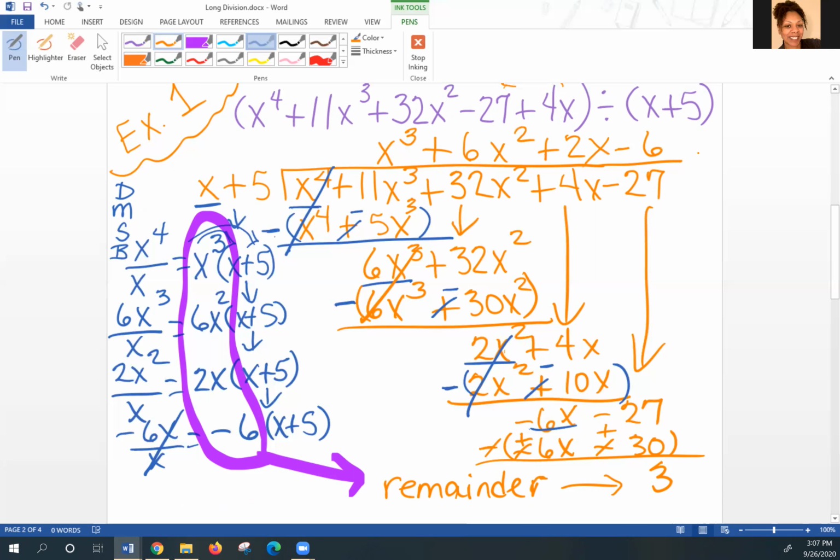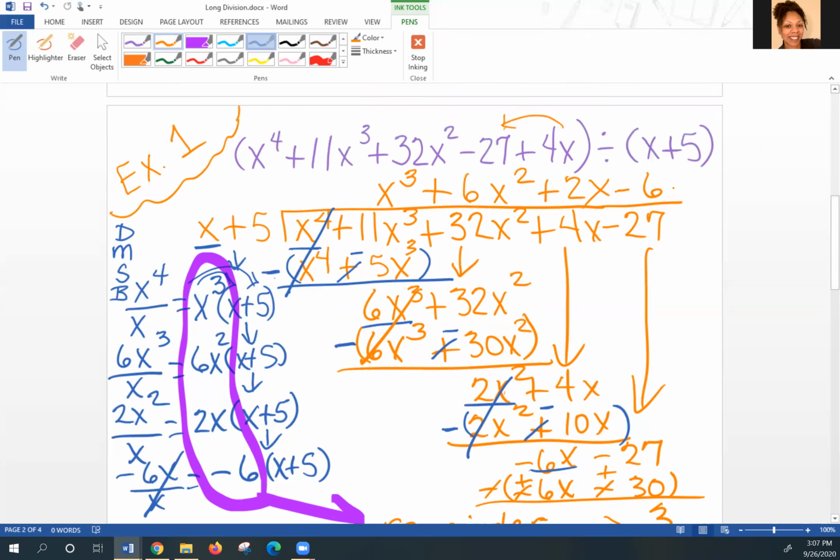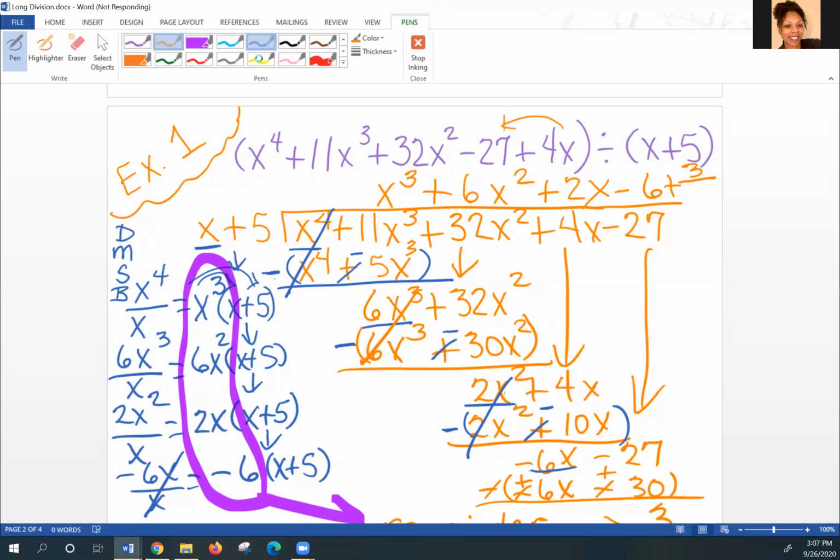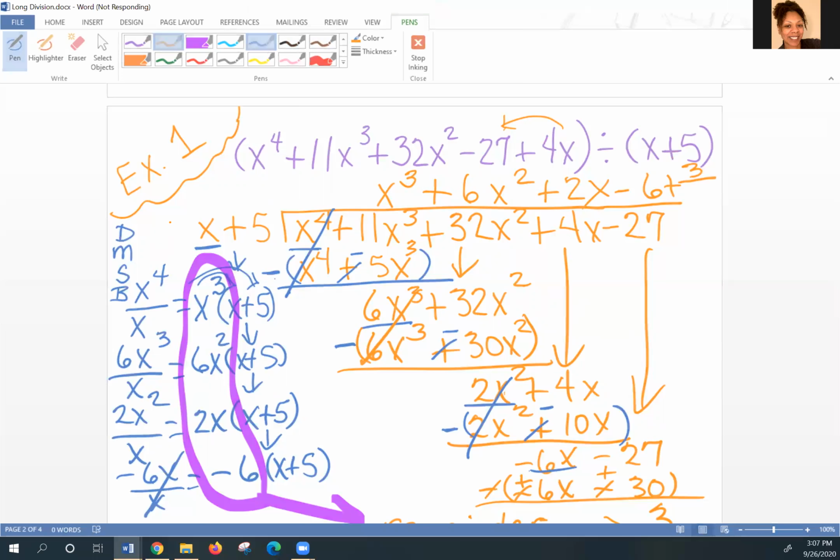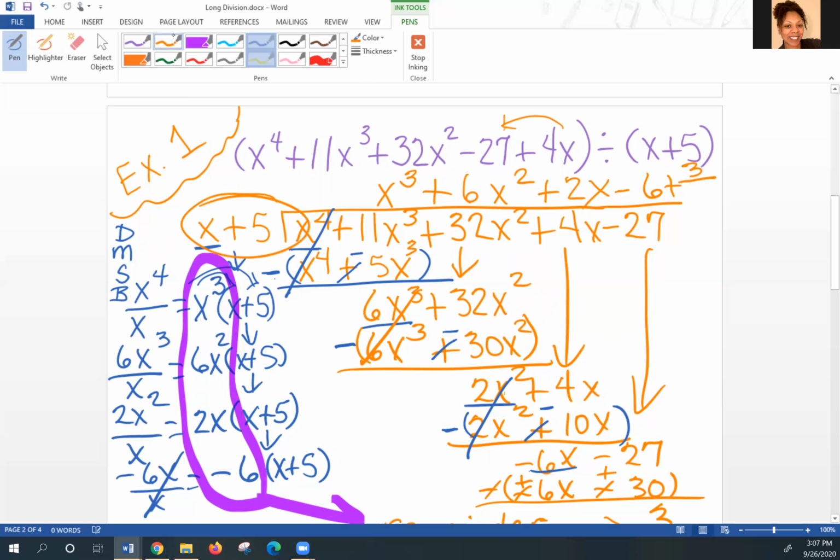So if I ever have a remainder, I want to leave it in fraction form, which is going to be plus 3, and then whatever your actual divisor is, that's what's going to go under your remainder, that whole divisor.